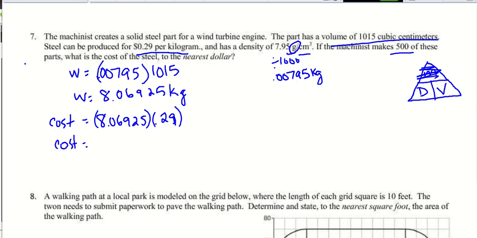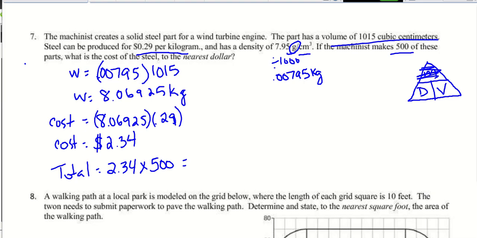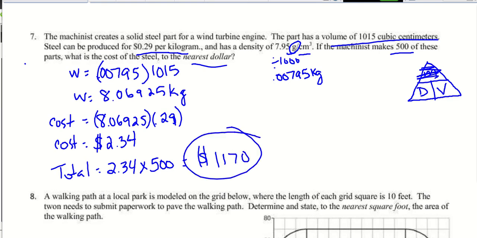But remember, this is money, so it's essentially $2.34. And then we need 500 parts, so the total is $2.34 times 500. And we get 1,070, and it does say nearest dollar. So that's $1,170 in dollars.